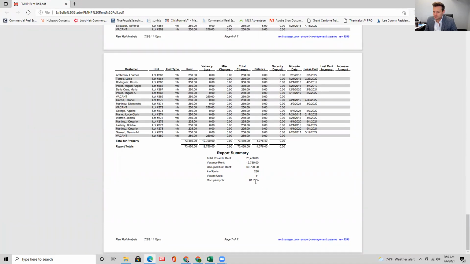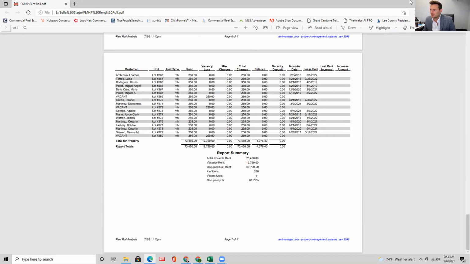Okay. So there's 51 vacant units, 280 units total, which, let's see here. I had 280 minus 51, 229, so 208. So there's actually a lot of potential at this property.